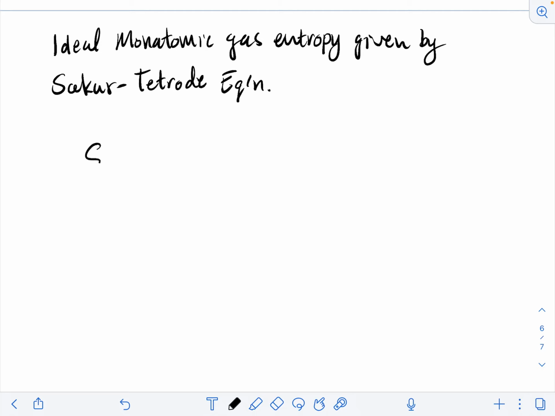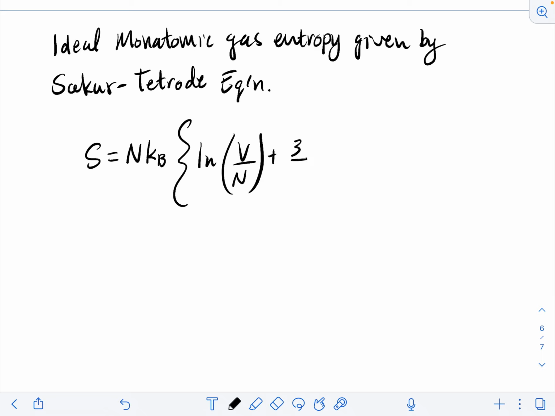So this equation takes the form of S is N kB, and then I'm sure you've seen this somewhere before, but there's a bunch of terms here. There is the ln of V over N, and then there's a 3/2 ln of, I'm going to write it in this way, m times the internal energy over 3 pi h bar squared N, and then there's a 5/2 here.